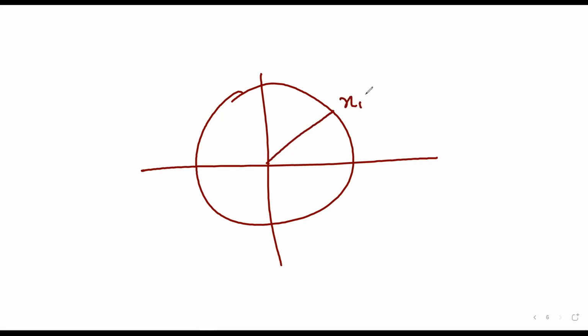So if this is x, y, and let me reflect this x, y here, this would be x comma y. Any doubt? So this is my angle theta, and by the definition of theta, this would be minus theta. Any doubt? Okay.